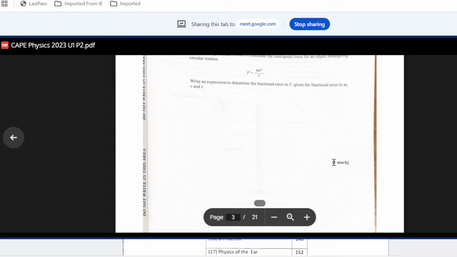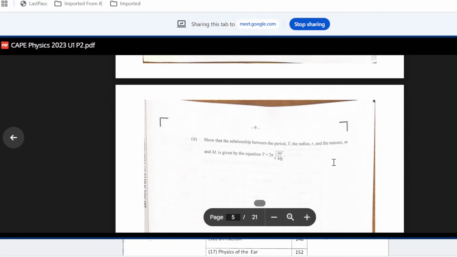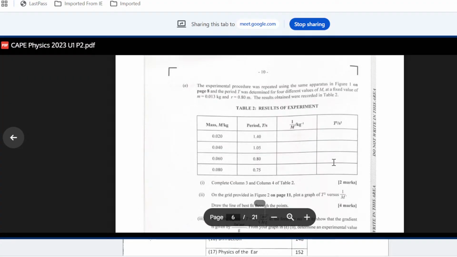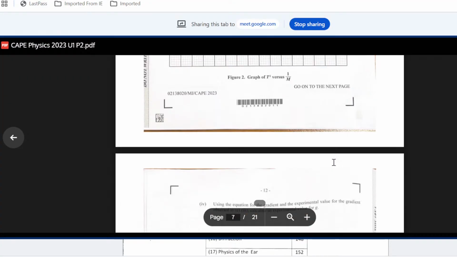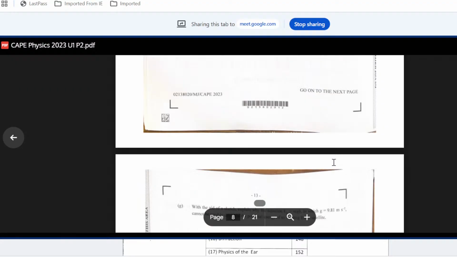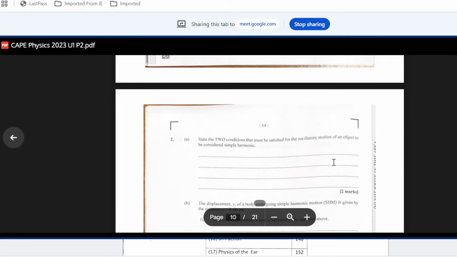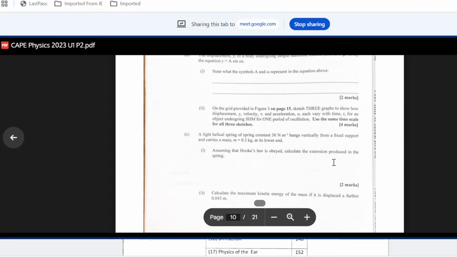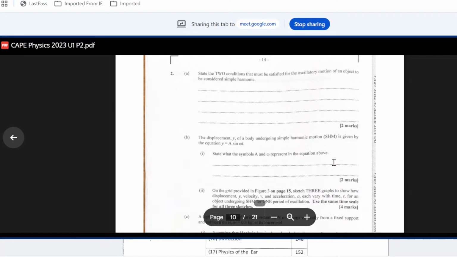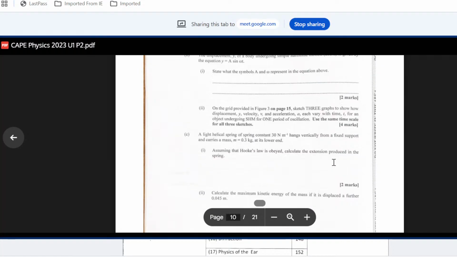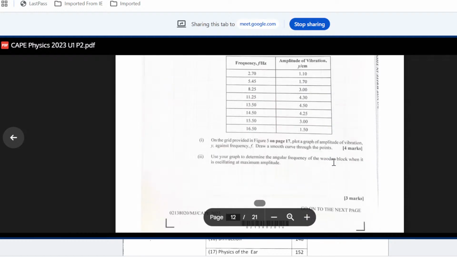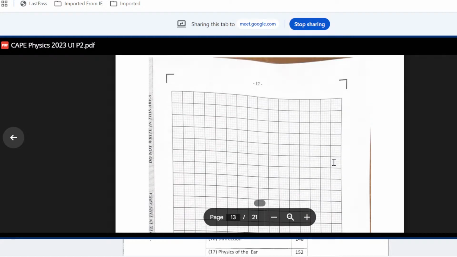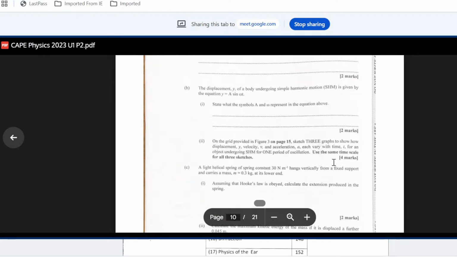Alright. Can start from the very top. So there are some graphs there. We can look at the simple harmonic motion question. There are a couple of questions on this we can look at.